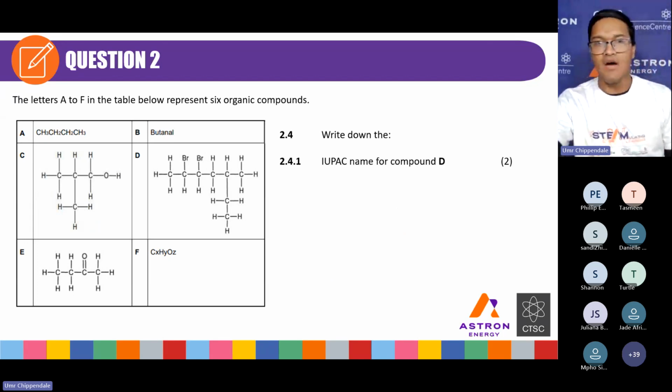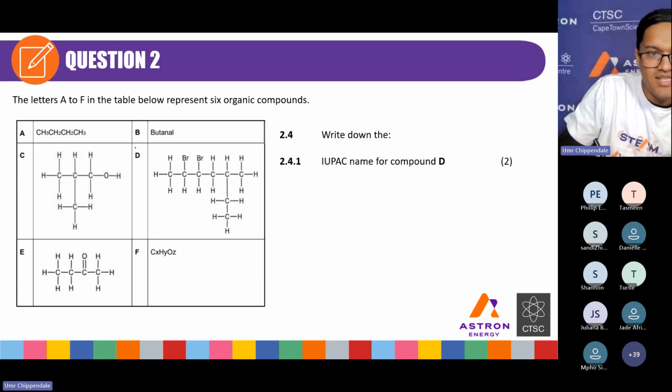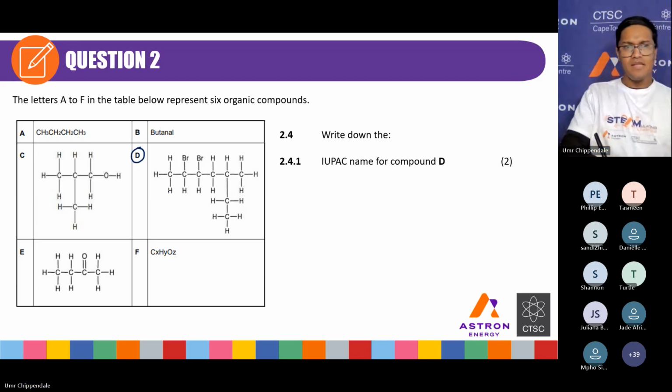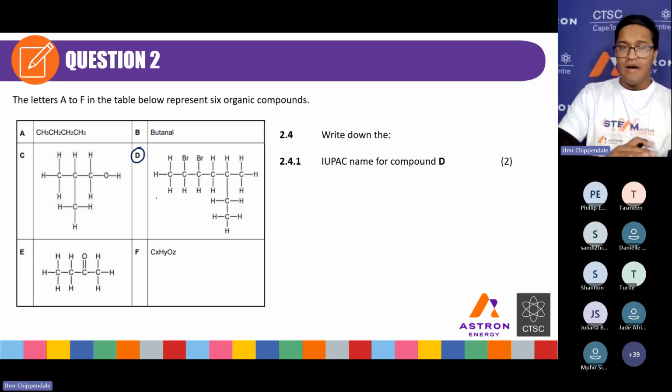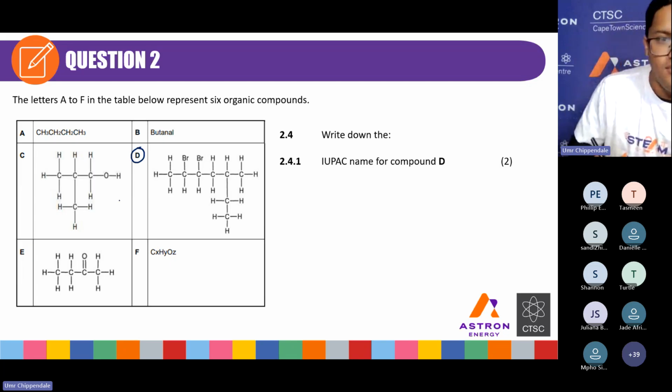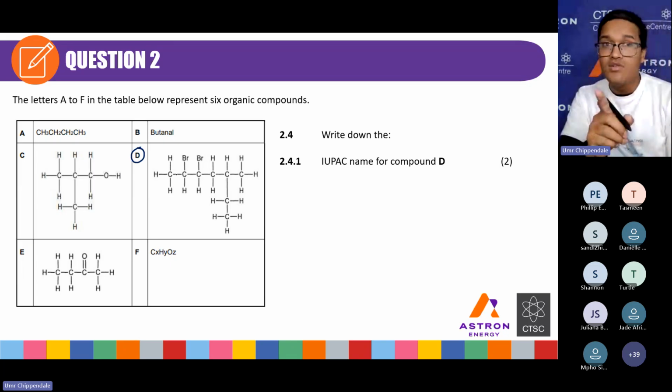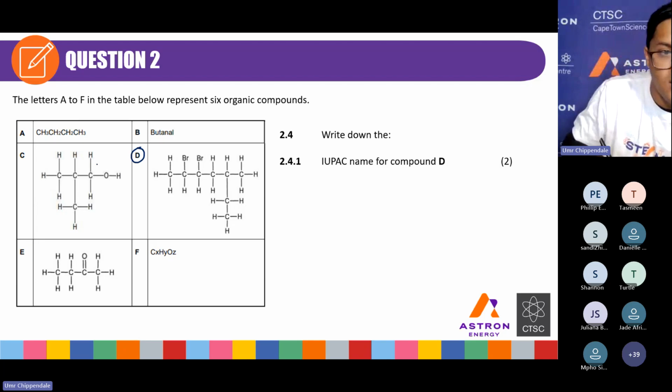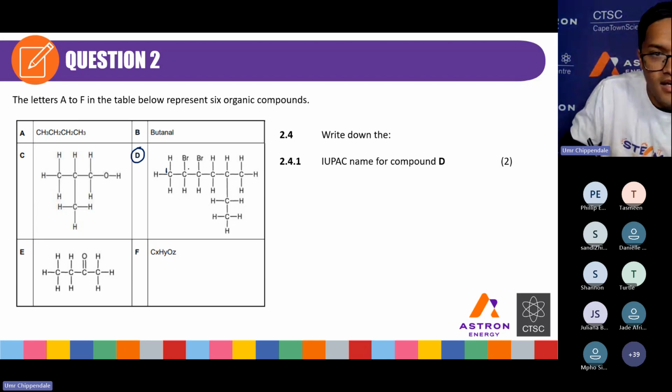2.4. Write down the IUPAC name for compound D. So it is this one over here. Remember, when naming compounds, always start by counting your longest carbon chain. So if we start counting like this, and you want to get your attachments on the lowest carbon, we could start counting like this: 1, 2, 3, 4, 5, 6.